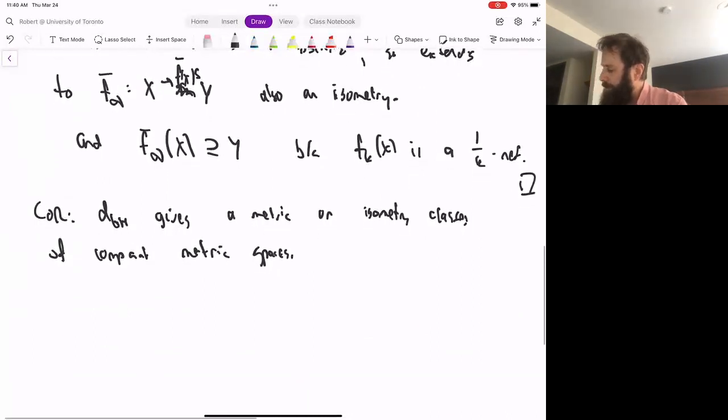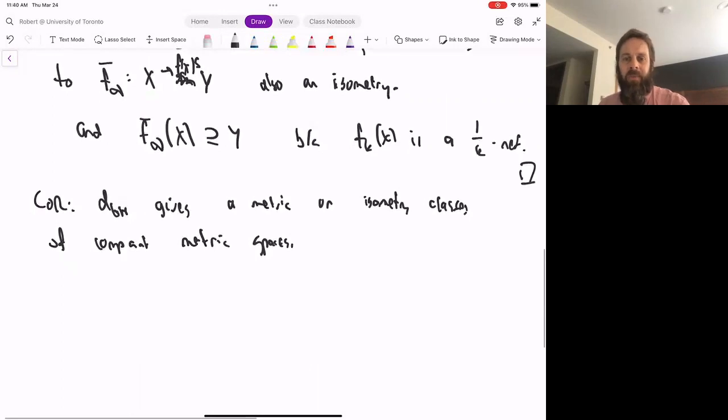Okay, so I sort of mentioned when we were showing that the Hausdorff distance gives a metric on closed subsets of a given metric space.